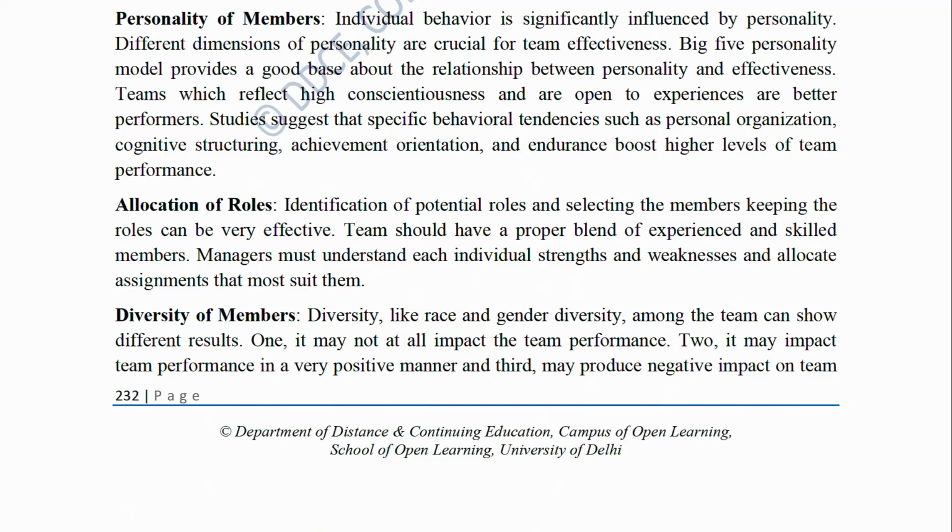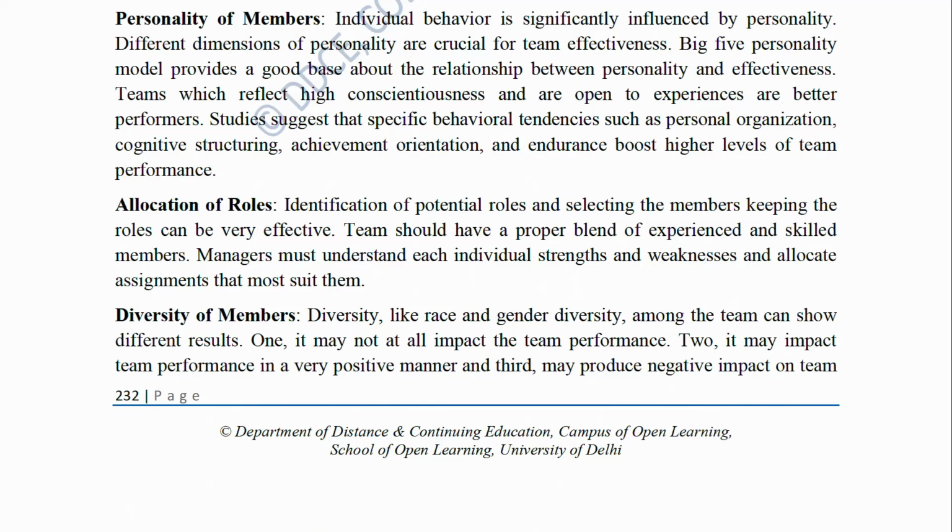Teams which reflect high conscientiousness and are open to experience are better performers. Studies suggest that specific behavioral tendencies such as personal organization, cognitive structuring, achievement orientation, and endurance boost higher levels of team performance.